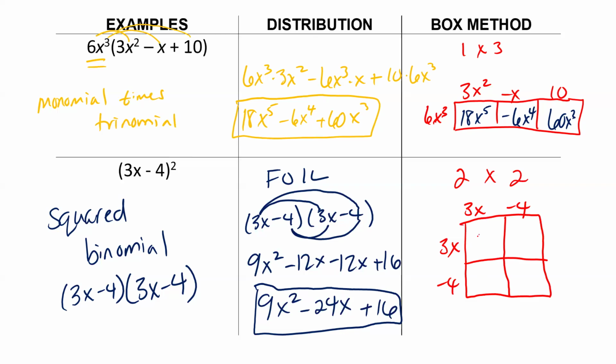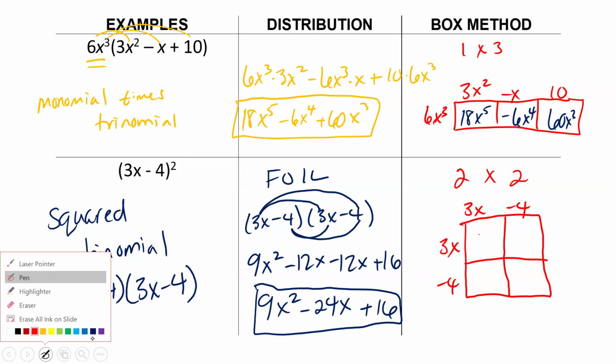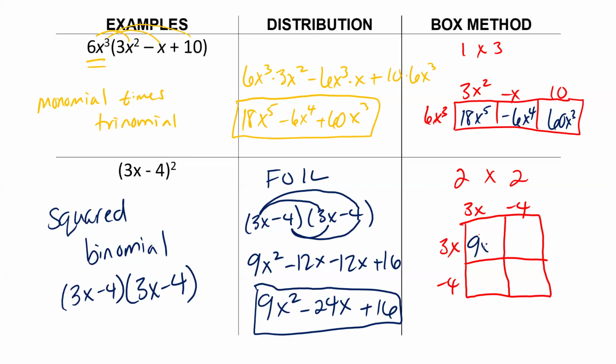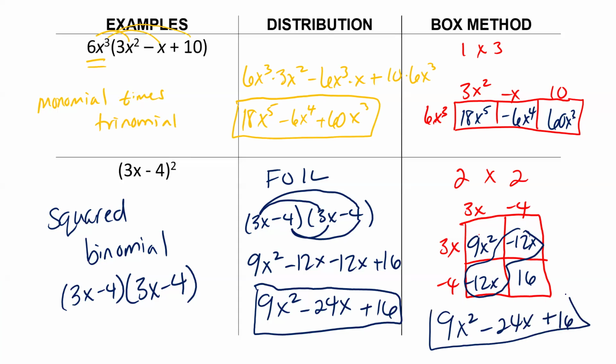And that's how we end up with, on the inside here, 9x squared, negative 12x, negative 12x, and positive 16. And then you combine like terms. So in this case, these are my like terms. So my answer is still the same, 9x squared minus 24x plus 16. And again, it is your choice on which way you evaluate it.